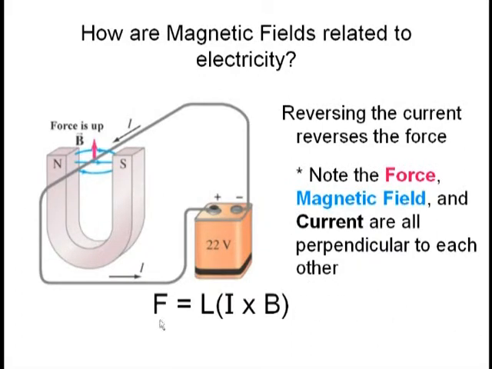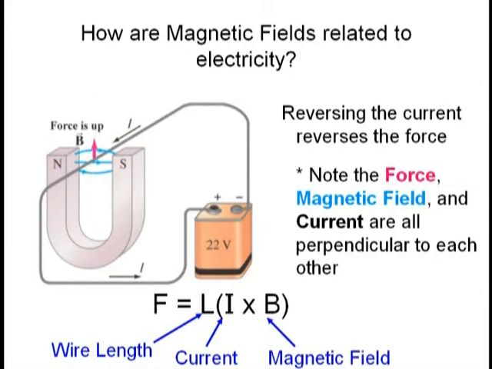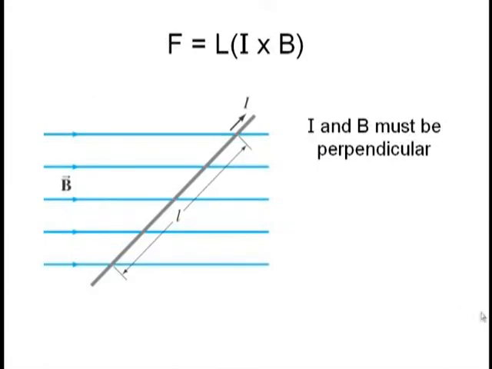This is our formula. The force is L times I cross B. L is the length of the wire that you're using, or the length of the wire that's inside the magnetic field. I, of course, is the current, and B is the symbol for the magnetic field. The current and the magnetic field need to be perpendicular to each other.